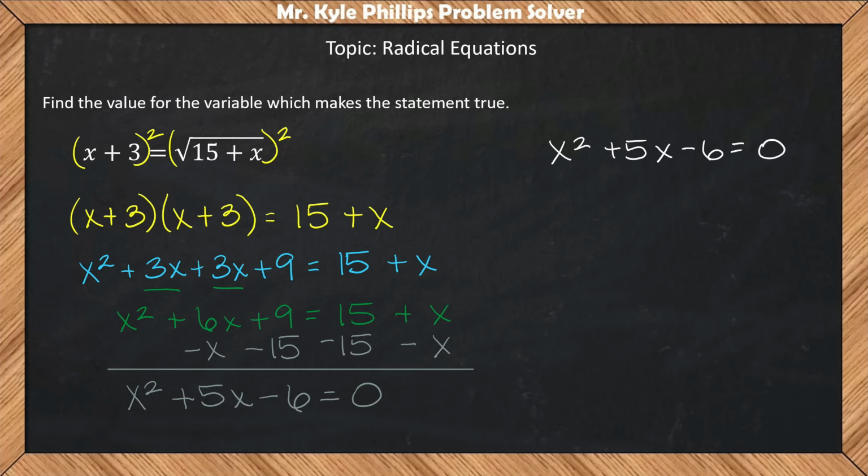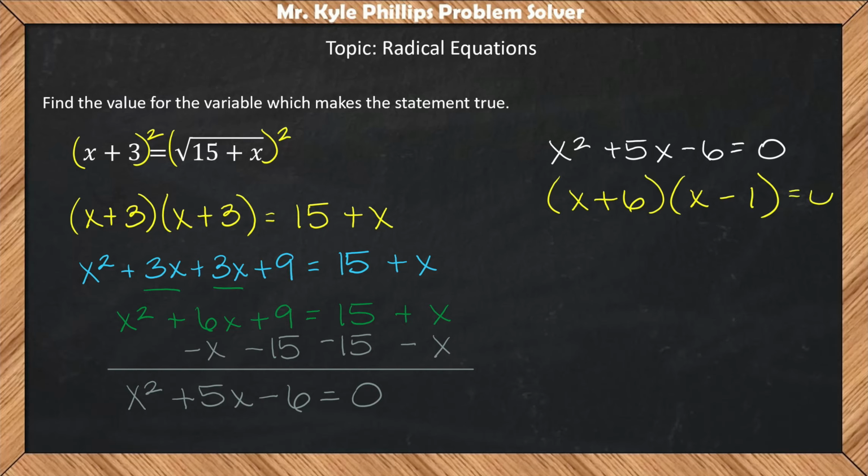And yes, there are two numbers that will do that. If I multiply x plus 6 times x minus 1, I will get this trinomial. So positive 6 times negative 1 is negative 6, and positive 6 minus 1 gives me the positive 5.